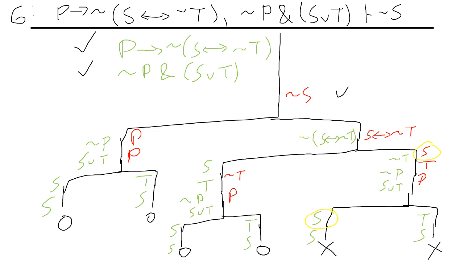S there, S there, S there, S there. So those two do close. But it's not going to matter because we got these other ones that are open. So this is going to be invalid. I have a counter example. And then we're going to have P, S, and T.